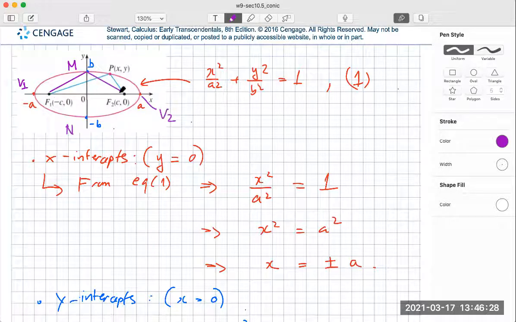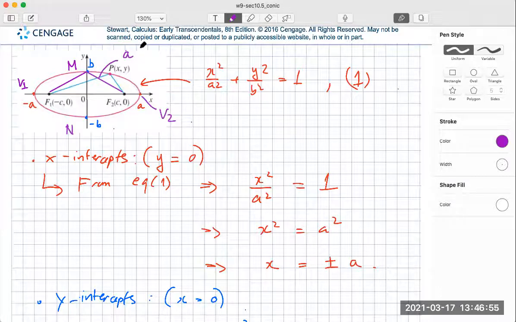But this triangle is special. We see that MF1 is equal to MF2. Therefore, the distance from M to F2 will be half of 2a, which means a. Do you agree?